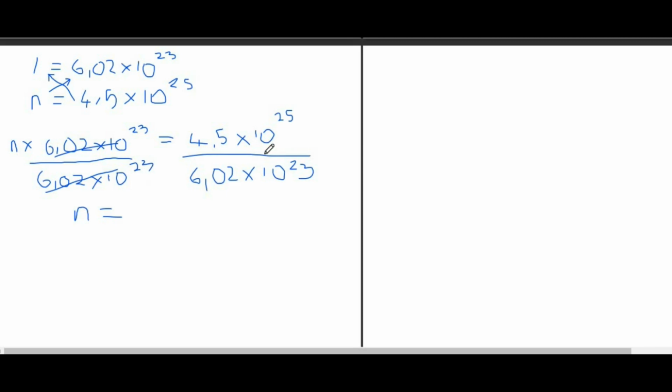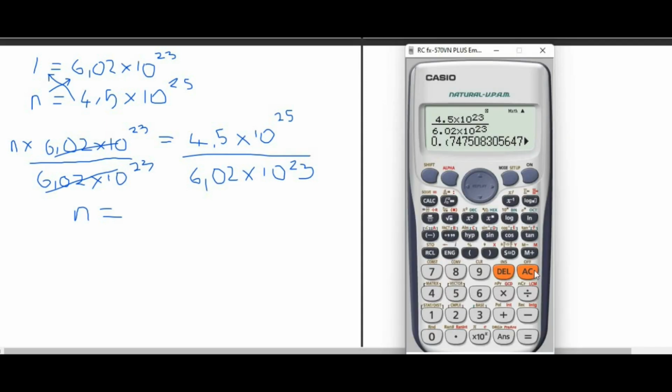But the numbers really don't matter. It's just for you to understand the steps, right? And always double check your answers. So you have 4.5 multiplied by 10 to the power of 25. The whole thing is divided by 6.02 multiplied by 10 to the power of 23.